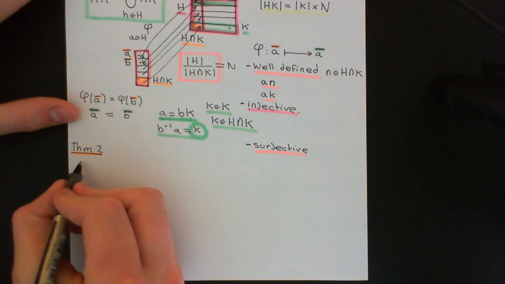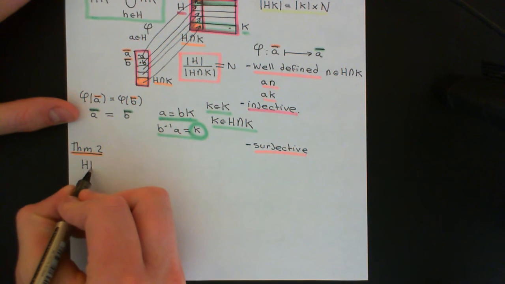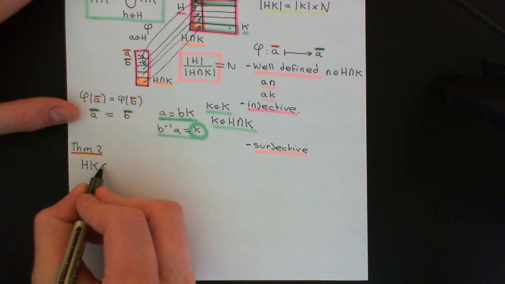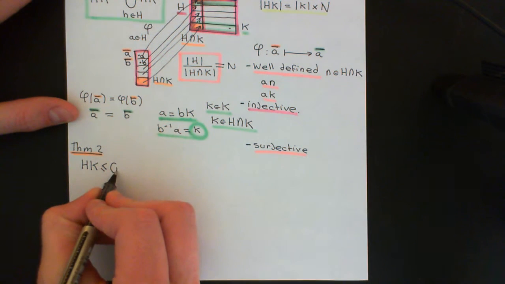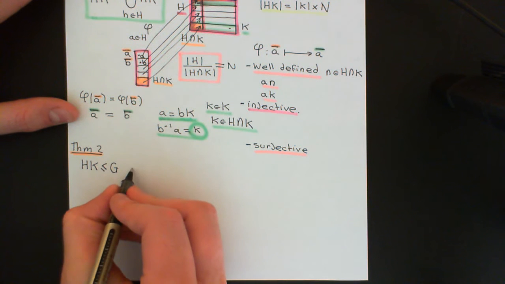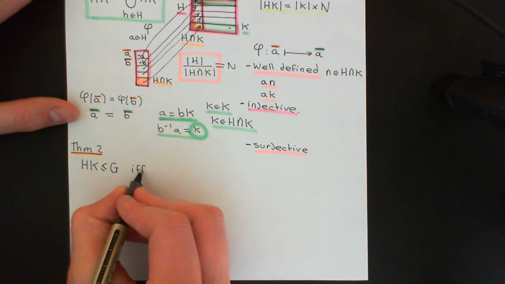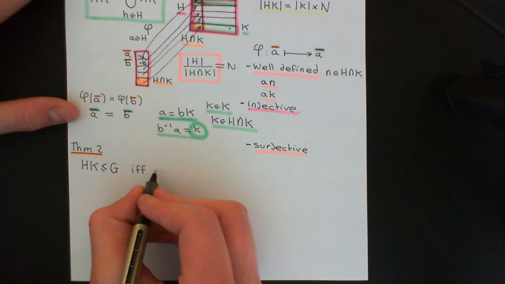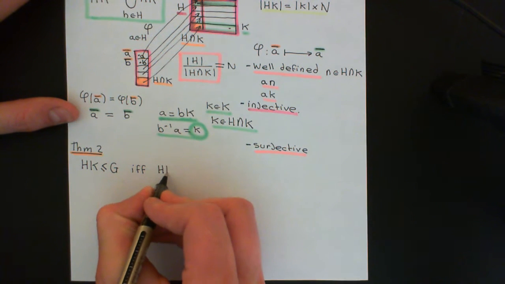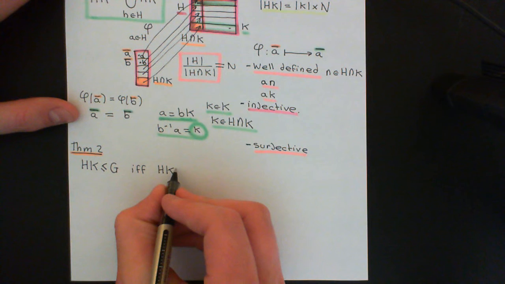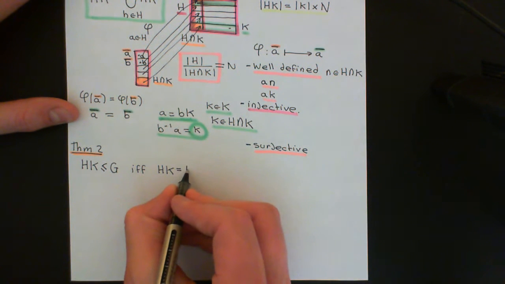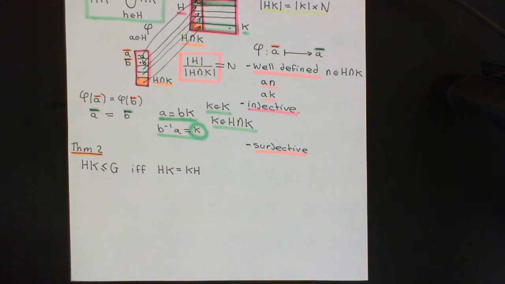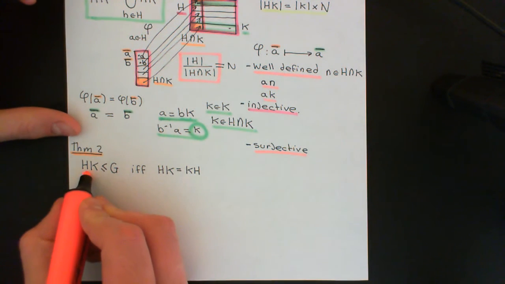So Theorem 2 is that the product of H and K, capital H and capital K, the product of these two subgroups will be a subgroup of G if and only if, and I'll write if and only if for short as iff here, so if and only if HK, the product of H and K, is exactly the same as what you'd get if you took the product of K and H. Okay, so hopefully you'll be aware of what the left-hand side here means.